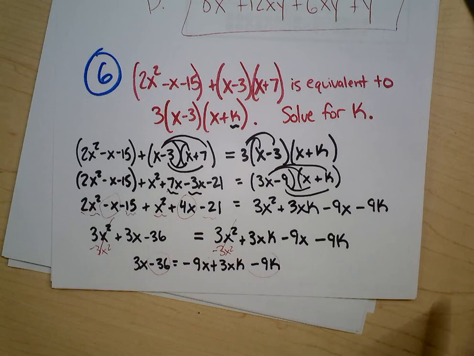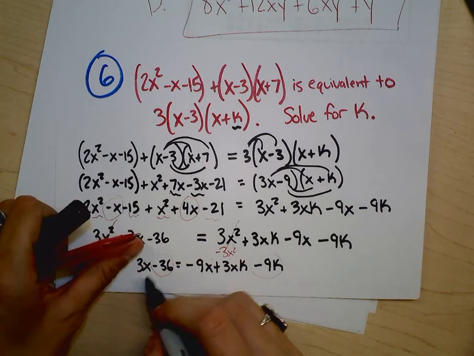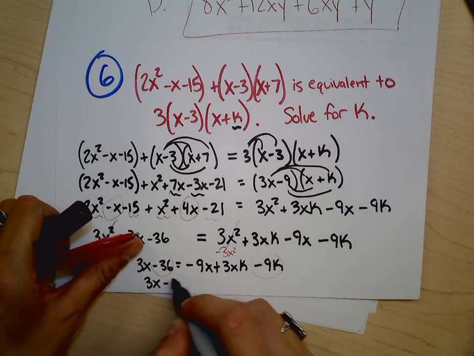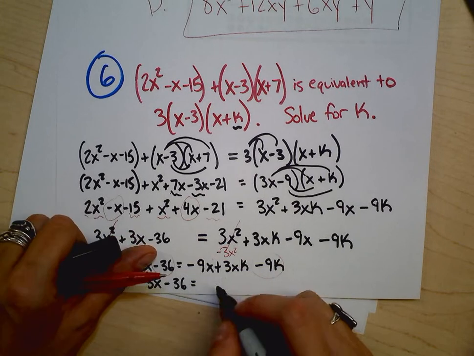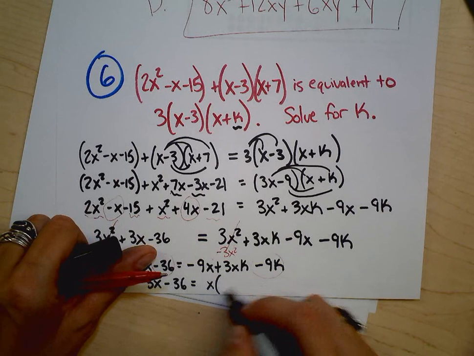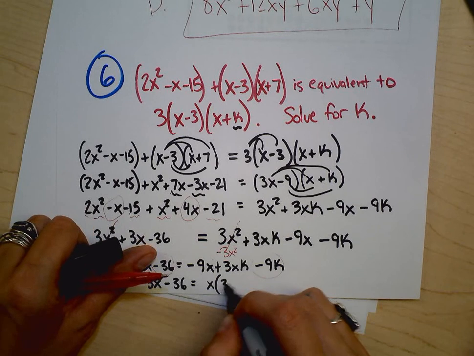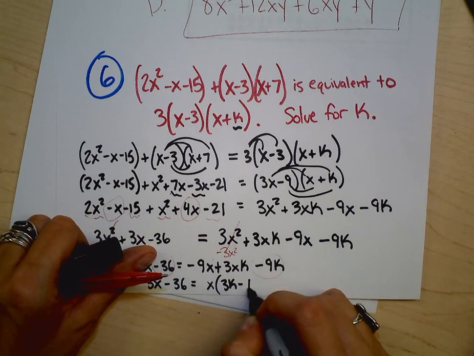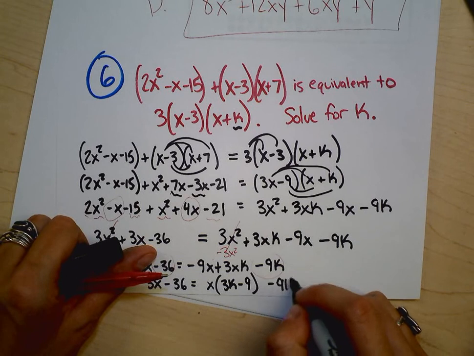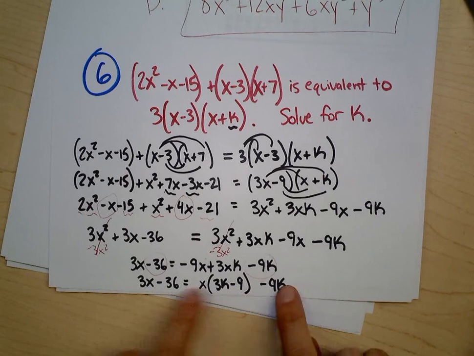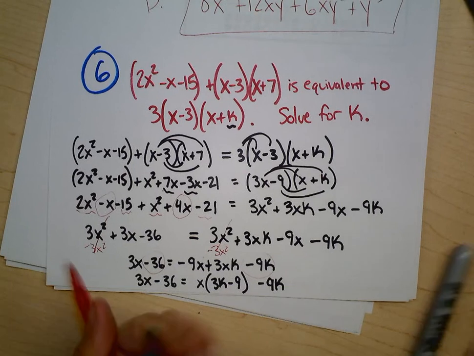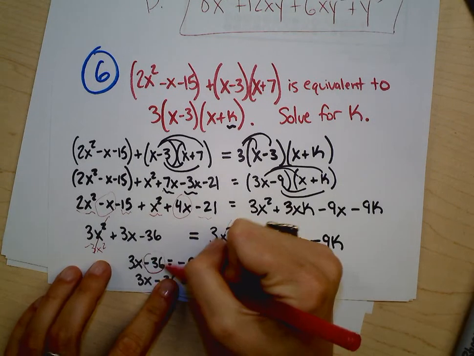So I could say 3x minus 36 is equal to, factoring out an x, I'd get 3k minus 9 and then minus 9k. And I could set this equal to 3. But I think the easier part will be setting equal the numbers to each other.